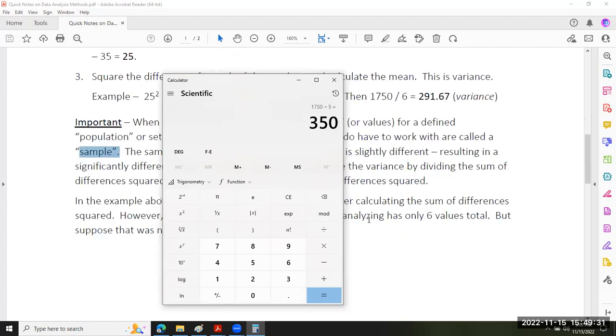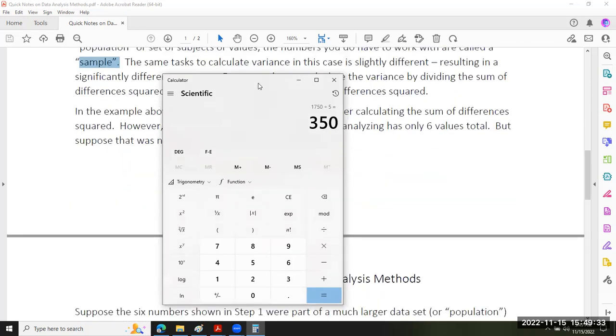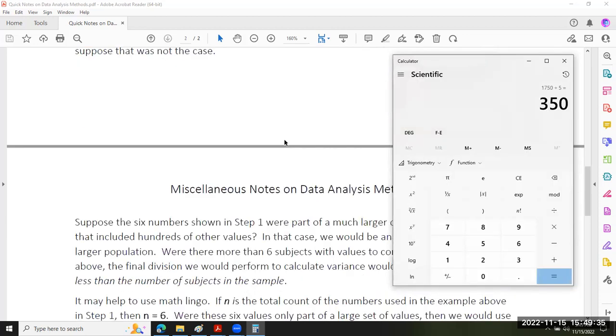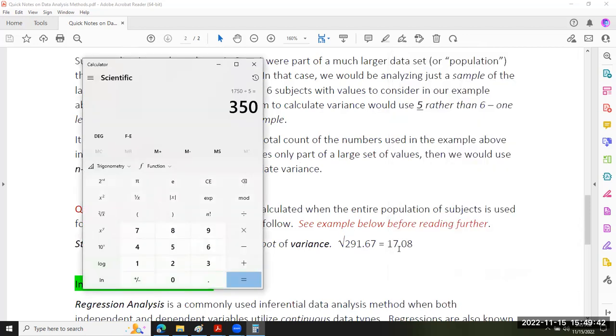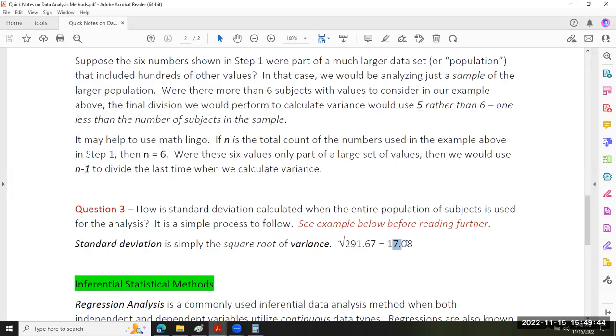So for a case where I'm measuring every single quantity, my standard deviation is going to be the square root of 291.67. My standard deviation is 17.